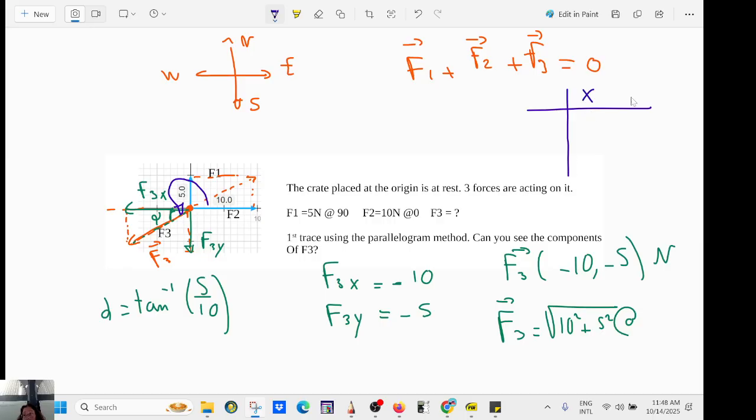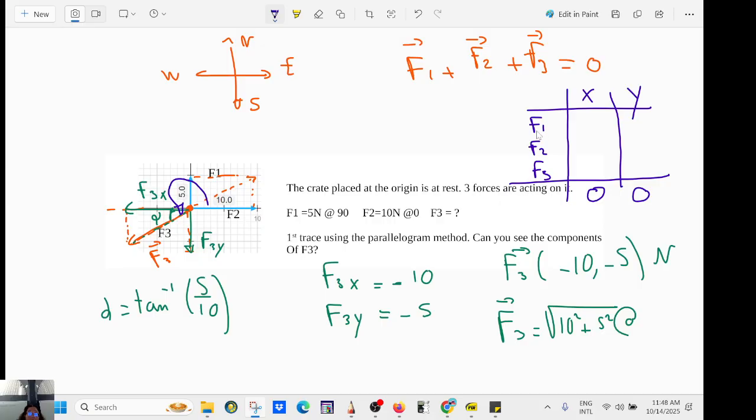You can say x and y components. You can say F1, F2, F3, and the x components need to add to 0, and the y components need to add to 0 when you add them up. That's a different way to do it.